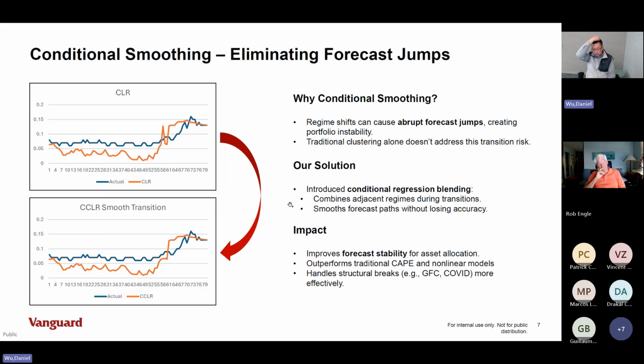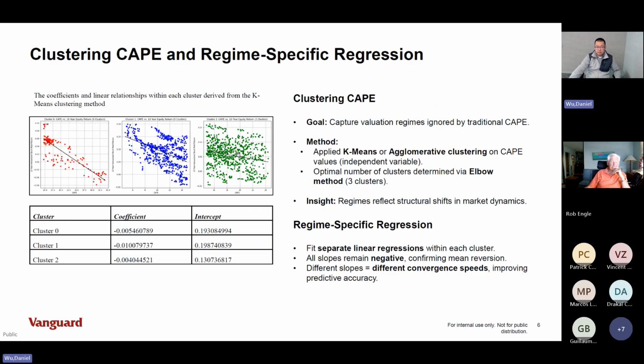Here, I want to talk more about how we do this innovation to ensure stability. For example, we have 3 clusters, and in each cluster we have an individual beta. If we turn from cluster 0 to cluster 1, let's say we switch from regime 0 to regime 1, during that transition period we combine these 2 data sets and build a beta 4.